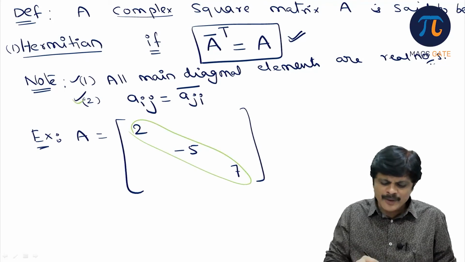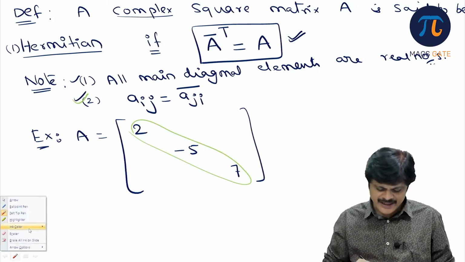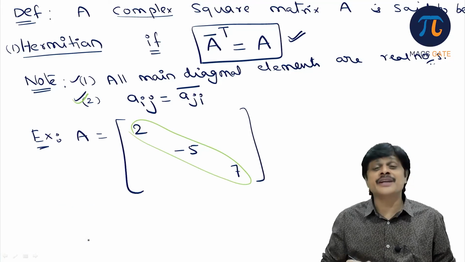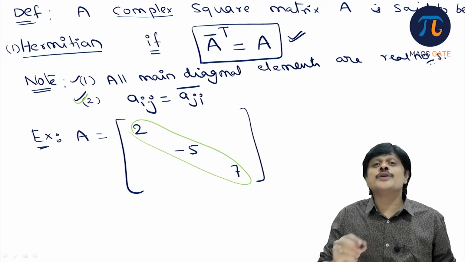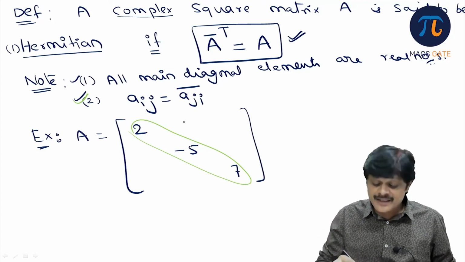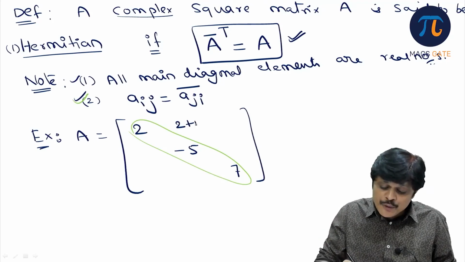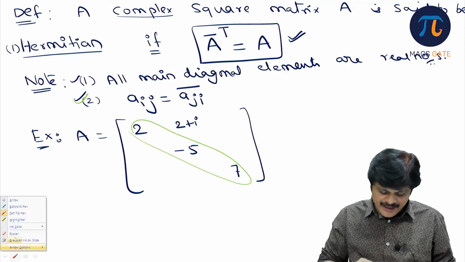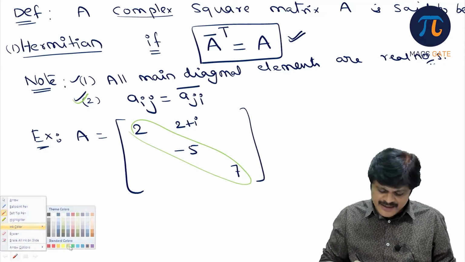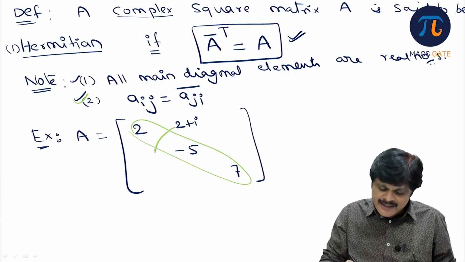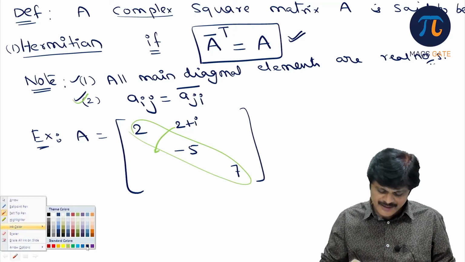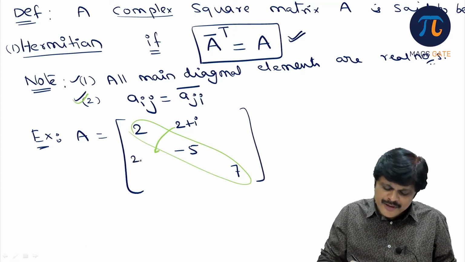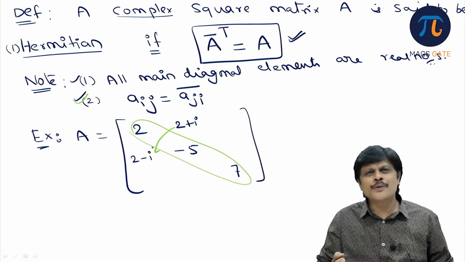The second property also you can easily understand here. What is it? aij is equal to the conjugate of aji. That is, if you are having 2 plus i here, then the mirror image would be its conjugate, and what is that? Just write 2 minus i. You all know conjugate.